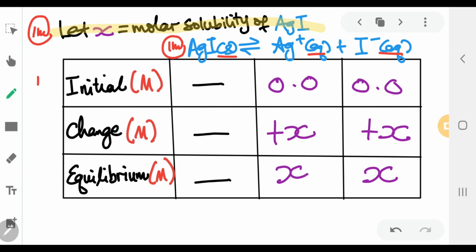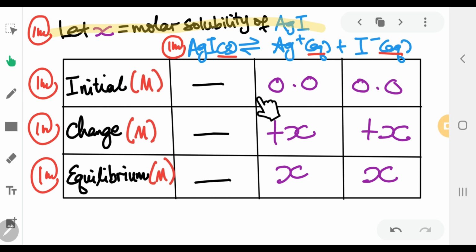By writing the correct ICE table, you would be able to get 3 marks for the whole thing: 1 mark for the initial section, 1 mark for the change section, and 1 mark for the equilibrium section.